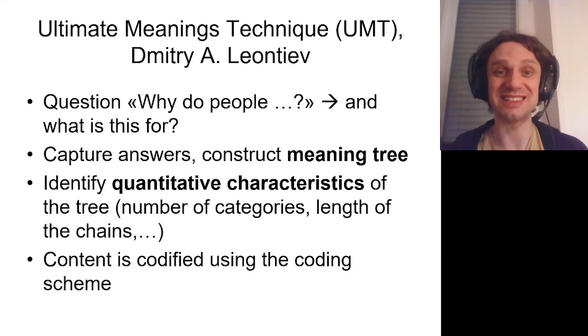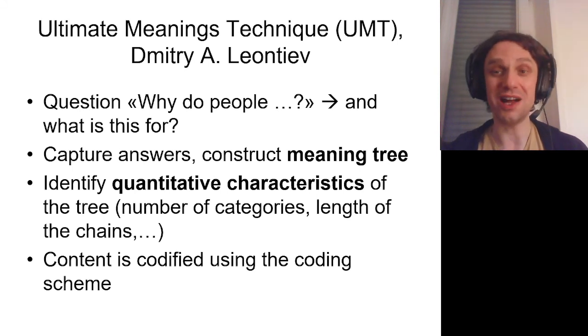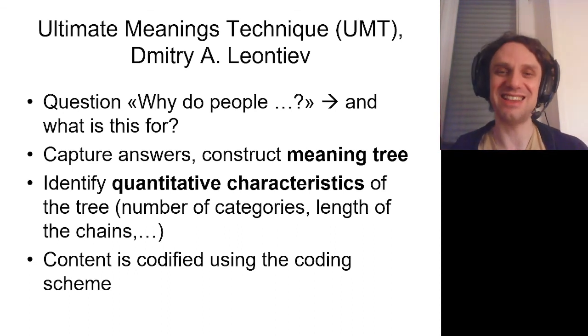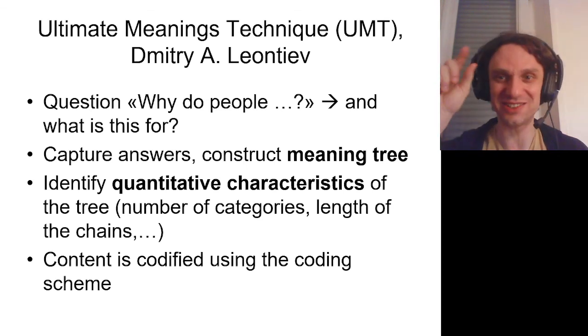Another example is the ultimate meanings technique by Dmitry Leontiev, when you actually ask a person a question, why do people do something? For example, why do people eat? And the person gives you an answer, well, maybe we eat to recover our energy, or maybe we eat to enjoy the food. And then you're supposed to ask the same question with respect to each of those motives.